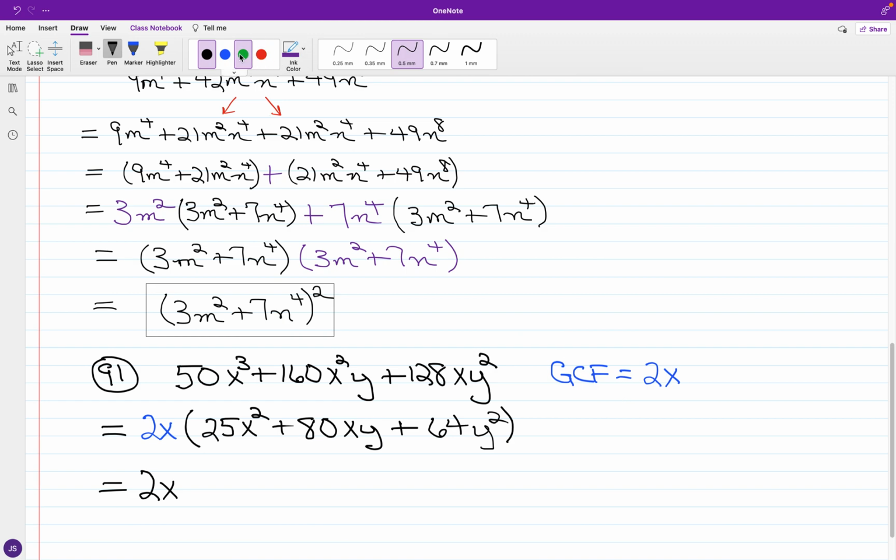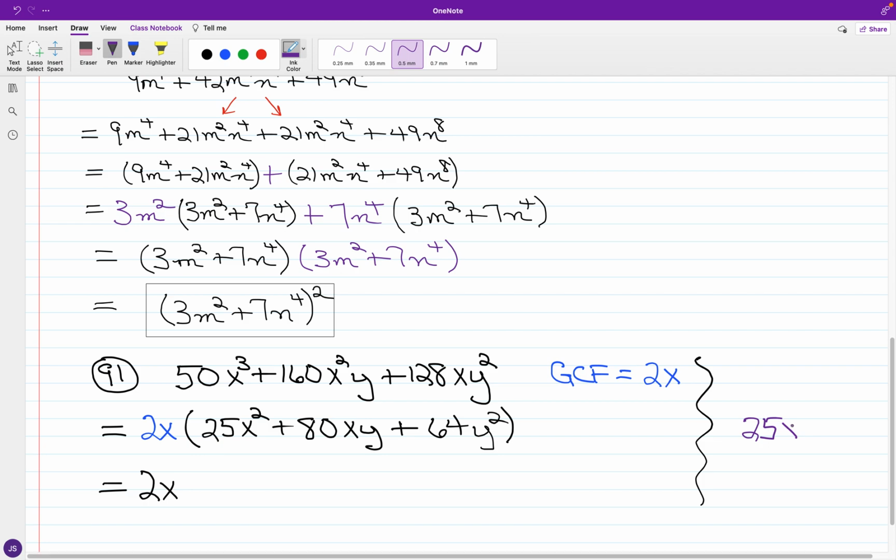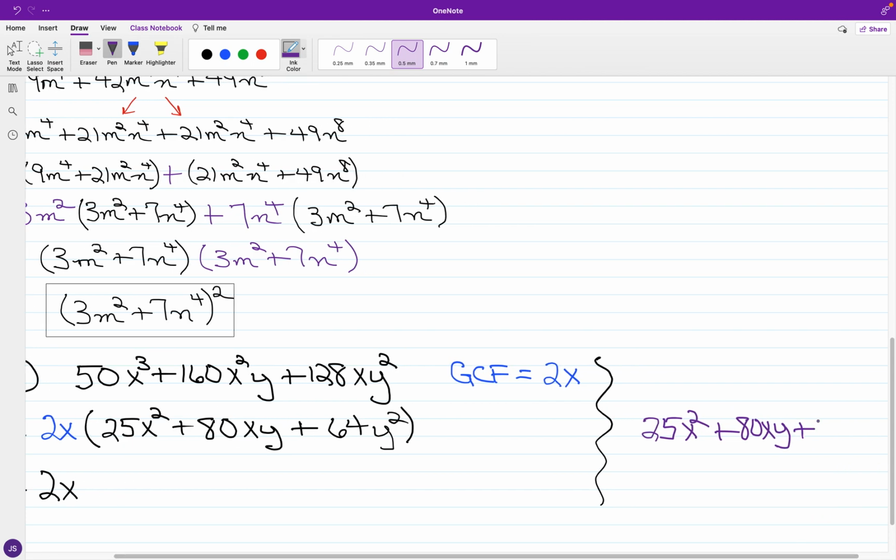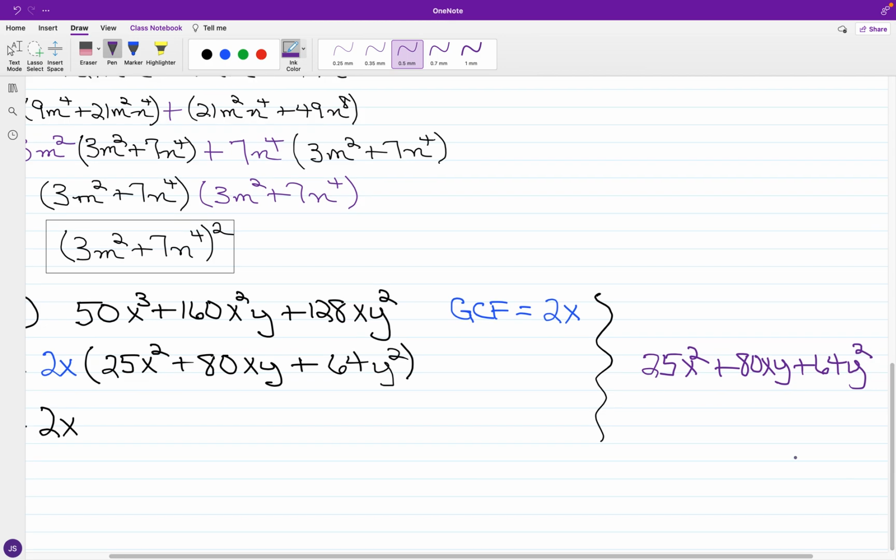And so, again, looking at what we have with 25x squared plus 80xy plus 64y squared, and it's going to work down.